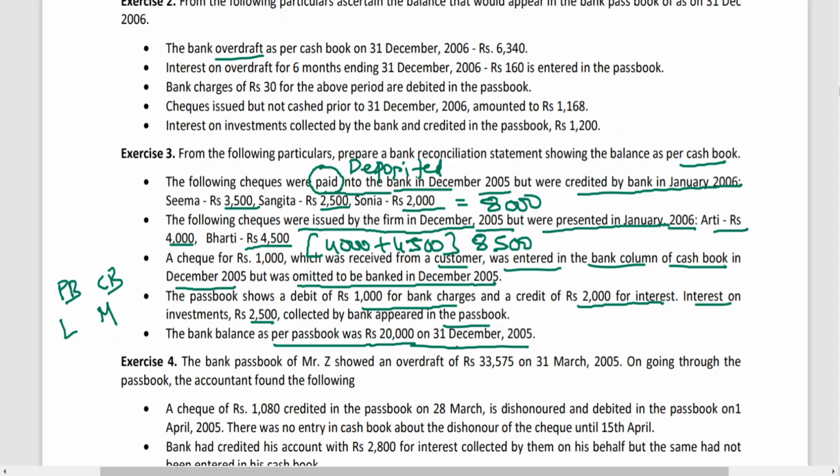What is the amount here? Bank charges 1000 rupees.